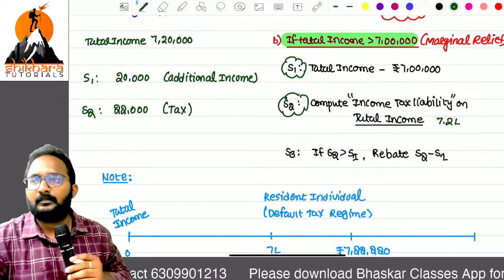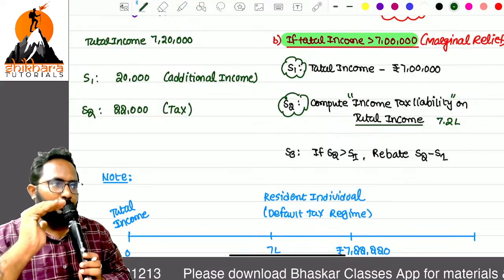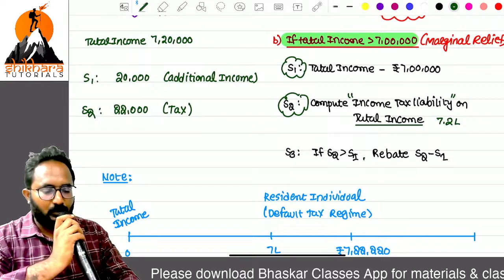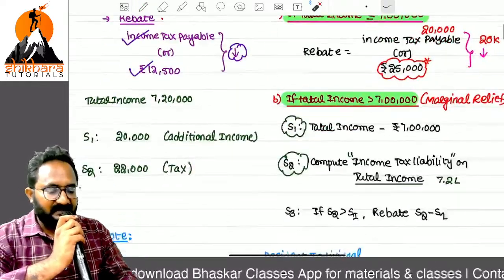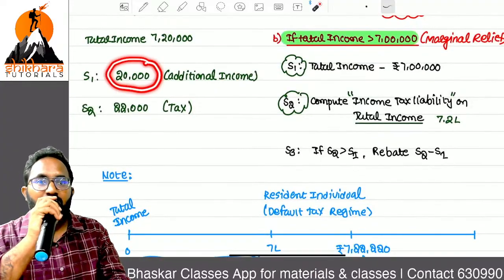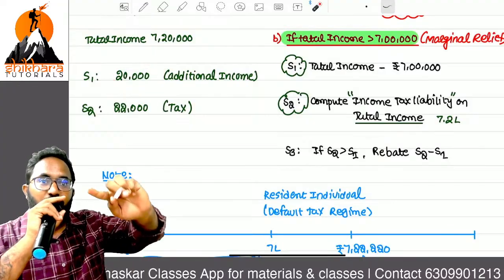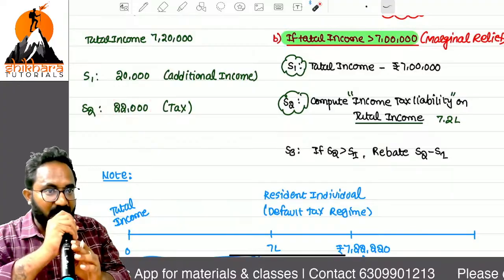Make an observation. Up to 7 lakh, they are saying no need to pay any tax. But just because I earned more than 7 lakh, by 20,000, because of this 20,000 additional earning, they are asking 22,000 tax.